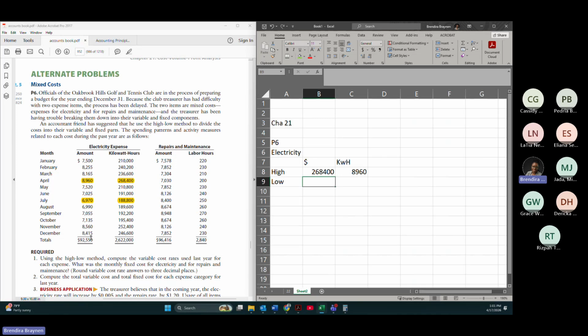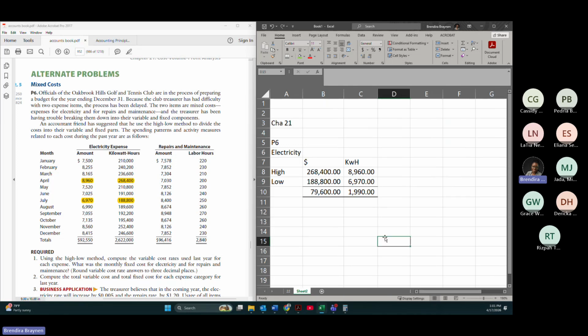In dollars, my lows are 188,800 and 6,970. I'm going to take the difference between the two, so the high minus the low. The difference between the two will get me these amounts here.